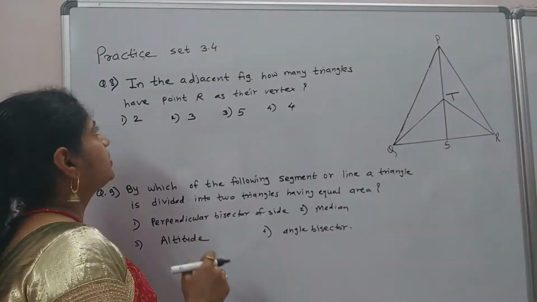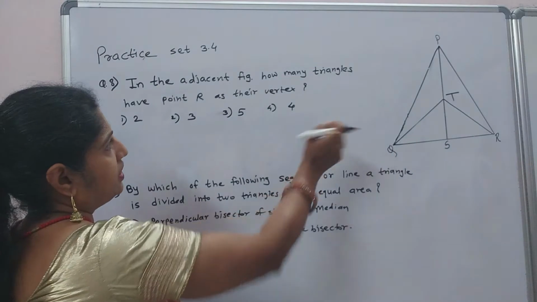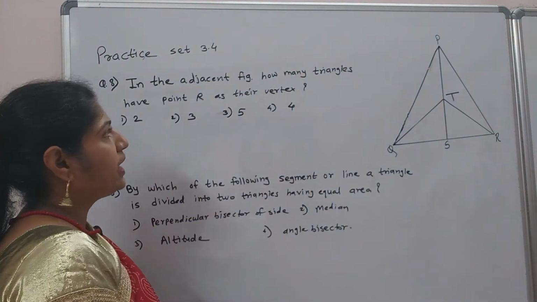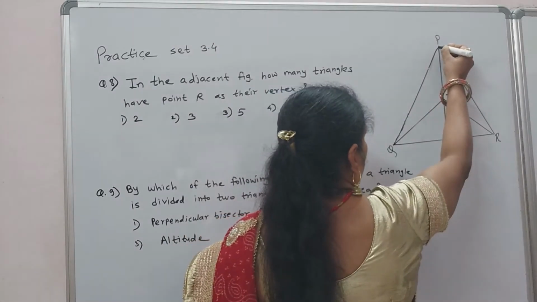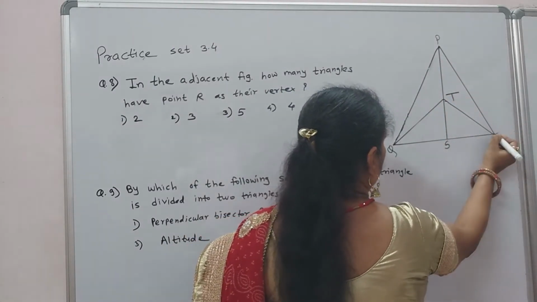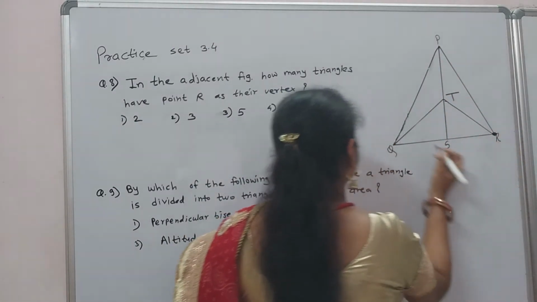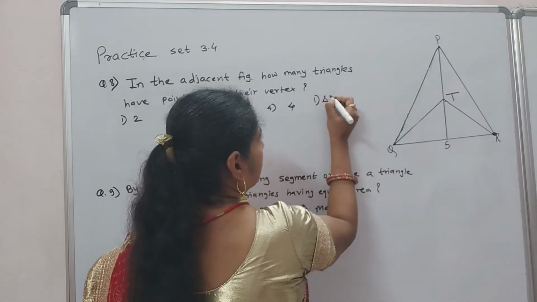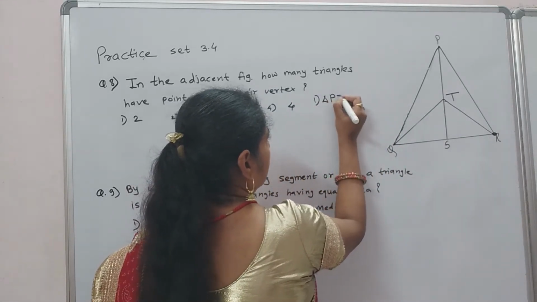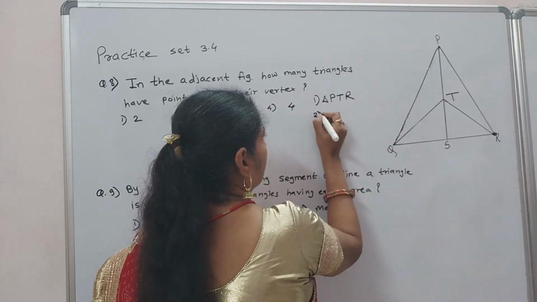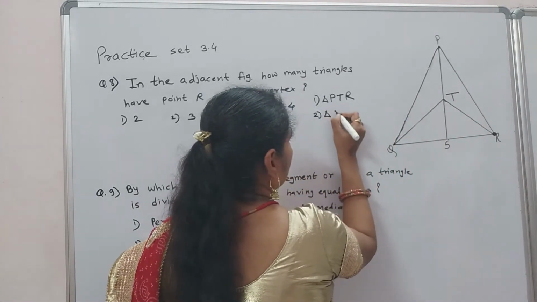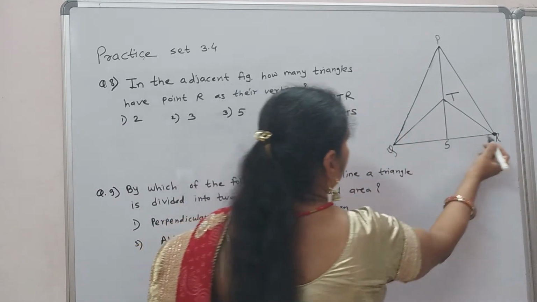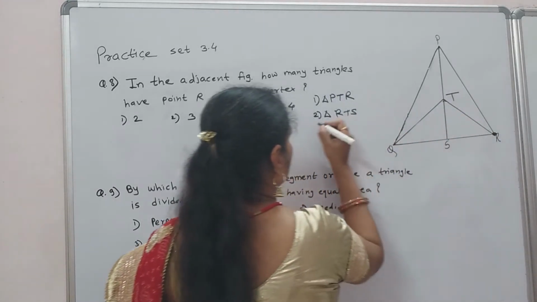Now next question. In the adjacent figure, how many triangles have point R as their vertex? Take R as the vertex. Number 1, triangle PTR. Number 2, triangle RTS. Number 3, RTQ.